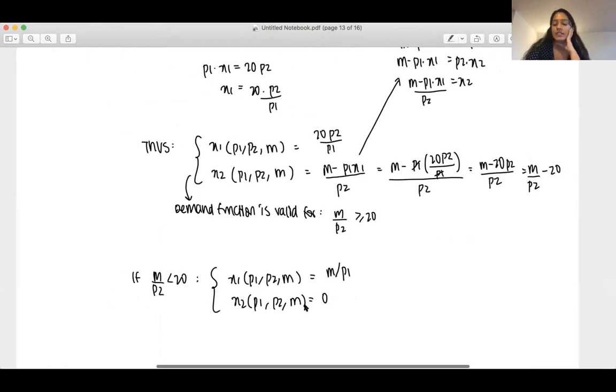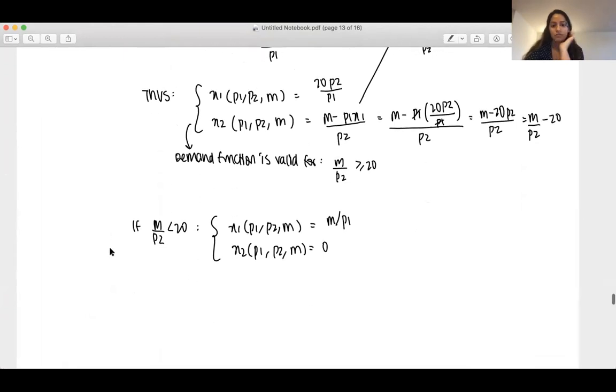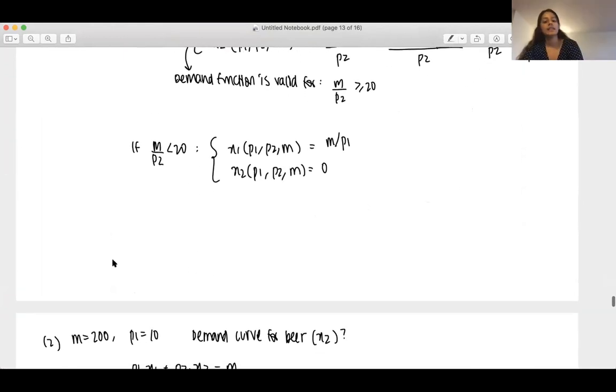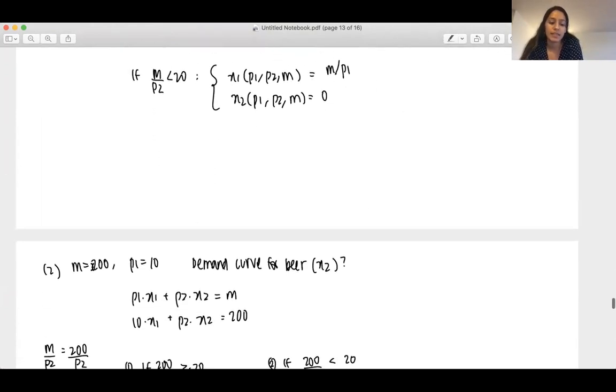So this is basically the first part. That's all you need to do to solve a demand function, and just write it out. The second part of the question is when they give you the income. So we know that m here is 200, and they give you a price of one good. In this case, they've given us the price of pizza, p1, which is equal to 10.